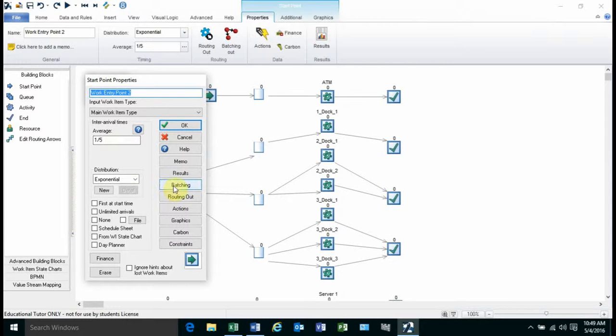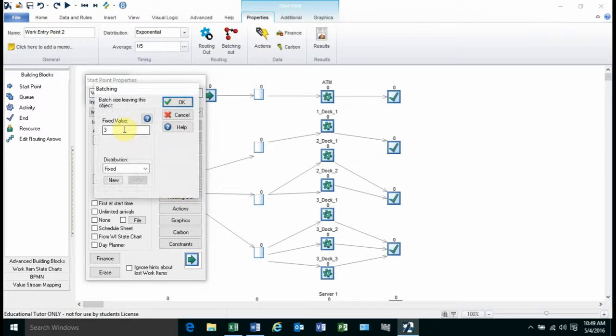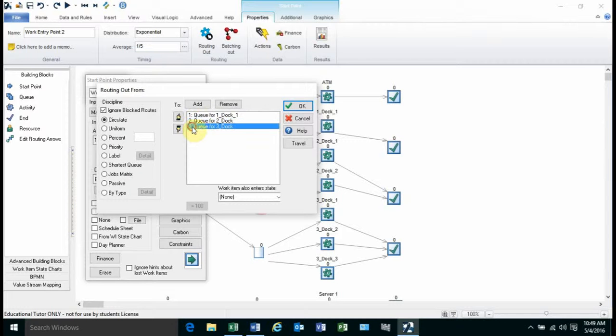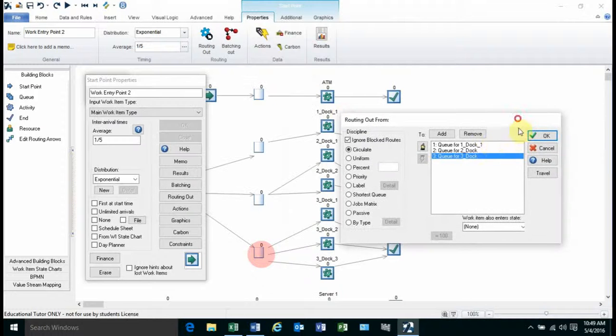But look what I did. I batched out 3 things, and then I routed out using a circulate. So the first one will go there, the second one will go here, the third one will go here. Every time a truck arrives, it gets cloned, and then we actually have 3 trucks arriving at 3 different systems I'm trying to evaluate, but it's an apples to apples comparison because the arrivals all occur at the same time.